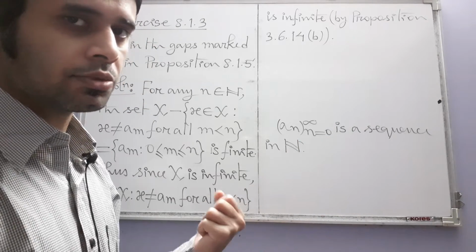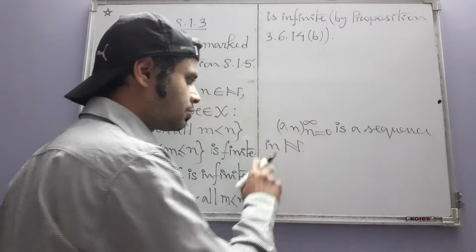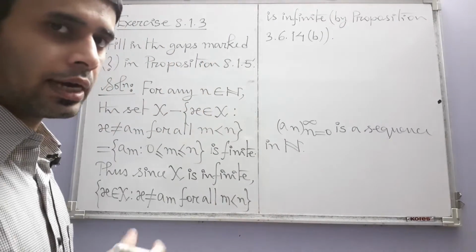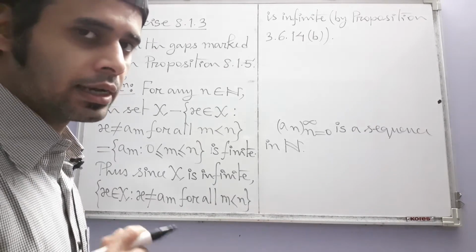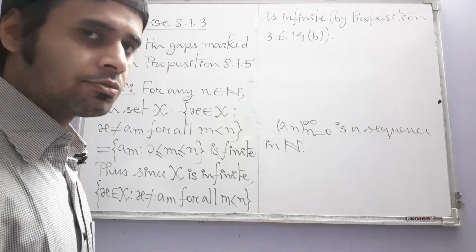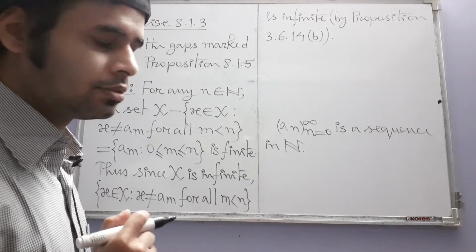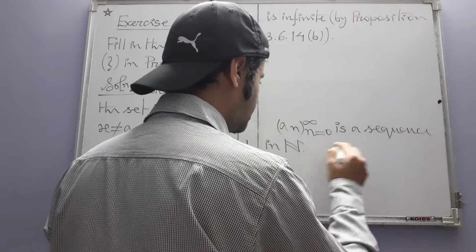Why is it a sequence in N? And I think when we went through the proof in the text, that time itself I roughly explained why that is so. It's almost obvious, but still if one wants to prove it rigorously, then it can be done by induction.